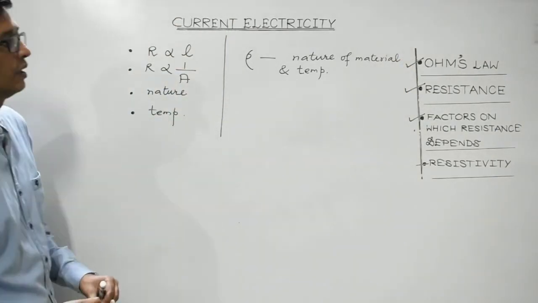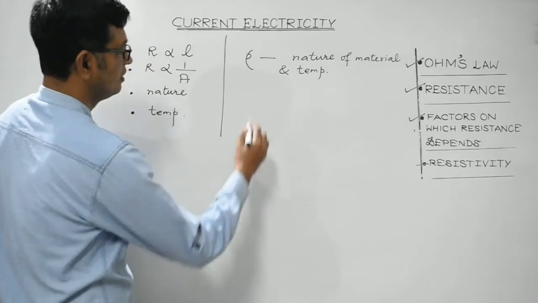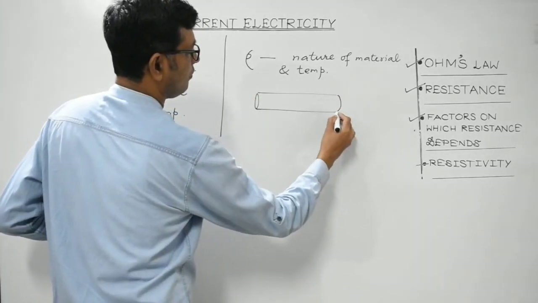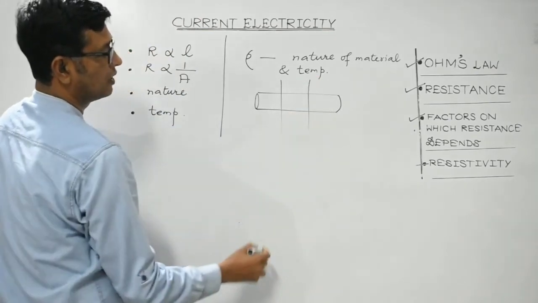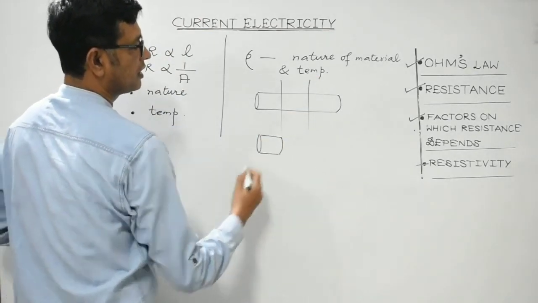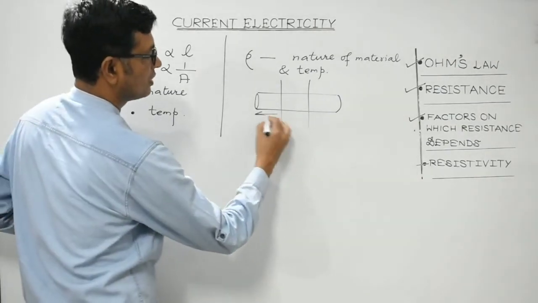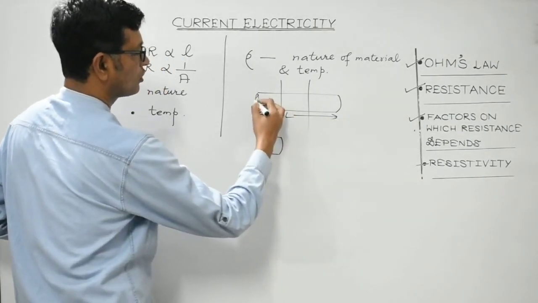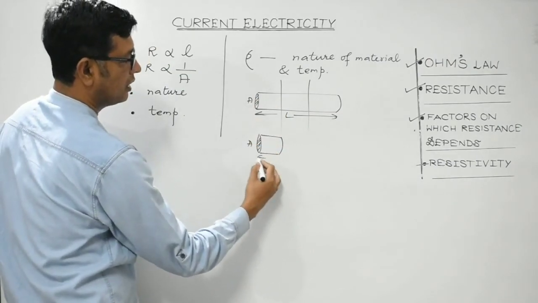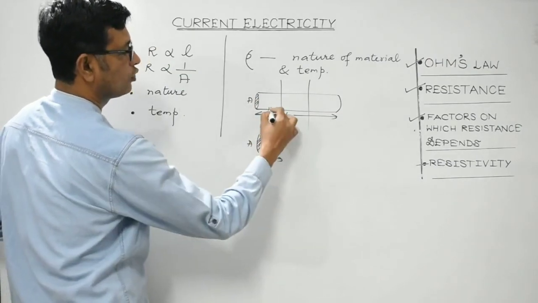Right? So what I mean to say is that, suppose this is a conductor and it is cut into 3 equal parts, like this. Suppose its length is L. Its cross-sectional area is A. So this is A and this will be L by 3. It is cut into 3 equal parts.